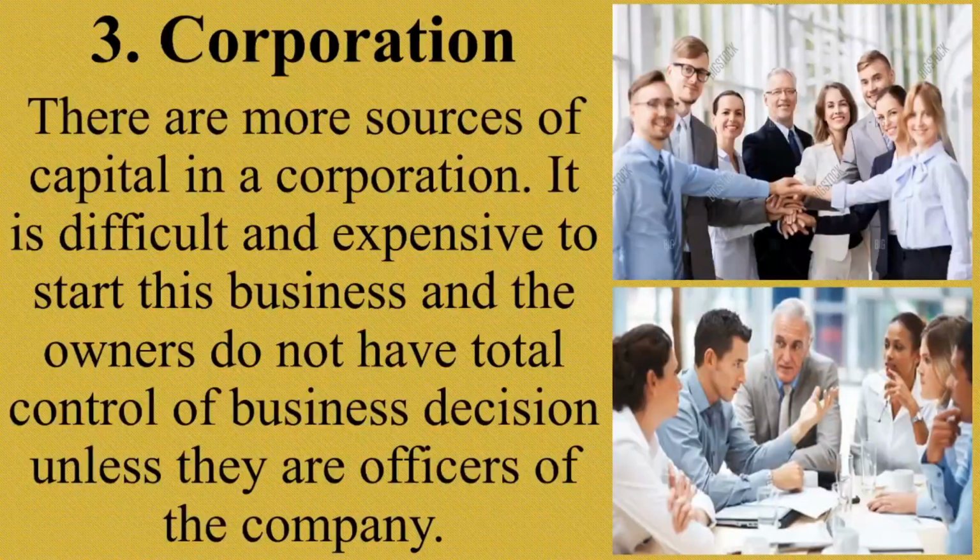Next, corporation. There are more sources of capital in a corporation. It is difficult and expensive to start this business, and the owners do not have total control of business decisions unless they are officers of the company. As I said before, a corporation is a legal entity whose investors purchase shares of stock as evidence of their ownership interest in it.